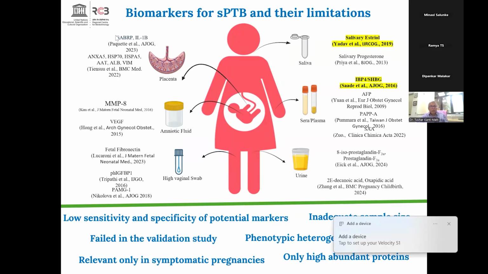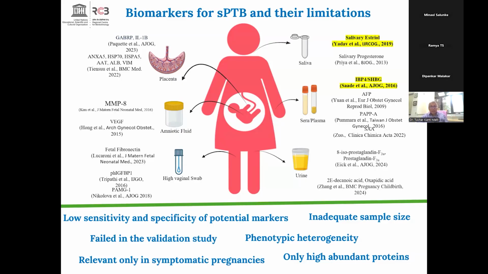If we see the different types of molecular signatures people have identified, one is called salivary estriol, and there are many protein molecules like insulin-like growth factor binding protein 4 and sex hormone binding globulin. Their ratio is considered one of the important markers, reported earlier in 2016, and this particular ratio has been validated in several countries.